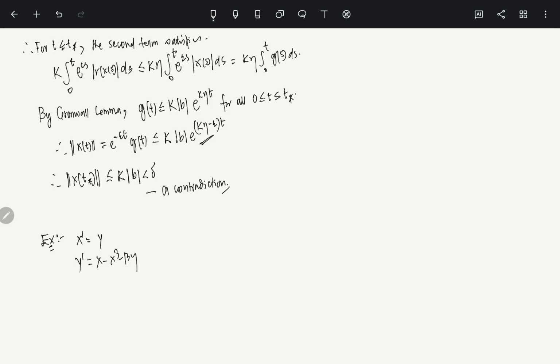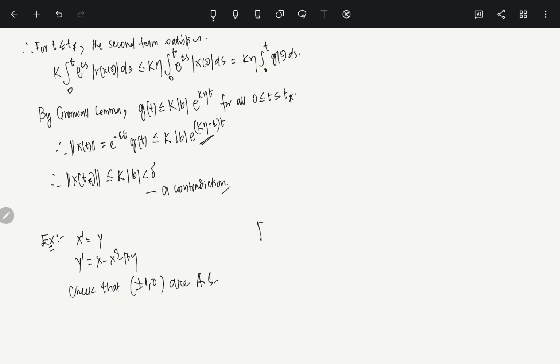So what we need to do is show that plus minus 1, 0 are asymptotically stable, so the system is asymptotically stable near these points. Please check this.